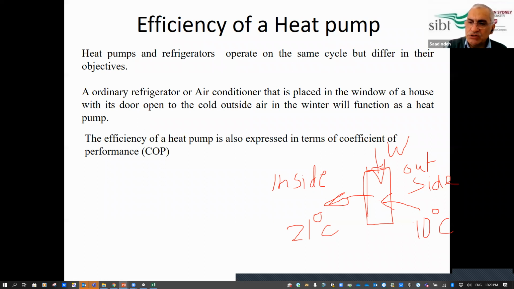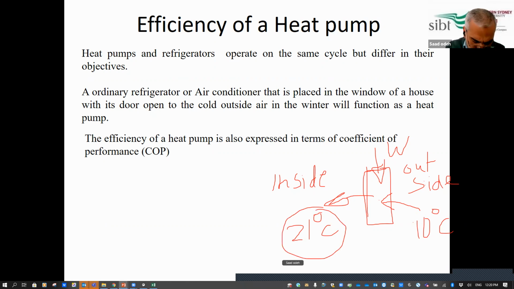When you change from liquid to gas, you consume heat, or you take heat, right? So what we do here is change the phase of the refrigerant from gas to liquid inside the house, so that we can reject heat inside the house and keep the temperature of the house at 21 Celsius.